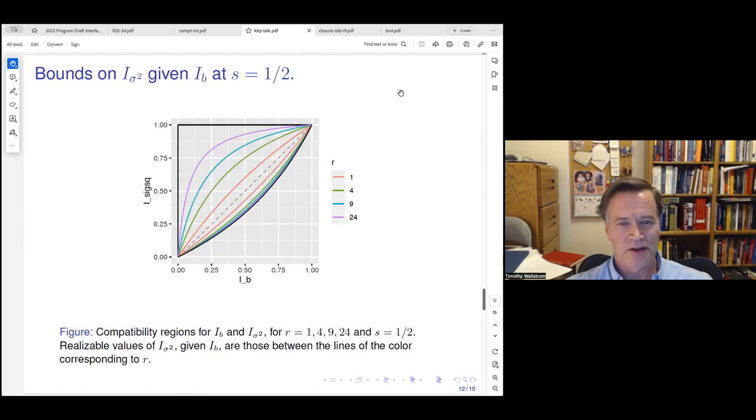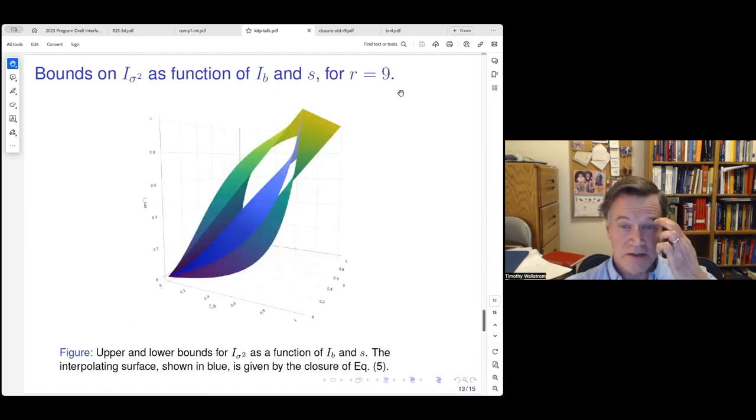The other thing we can do is plot this for a fixed value of R. So R equals 9. That means that we're looking at density ratios of 10.